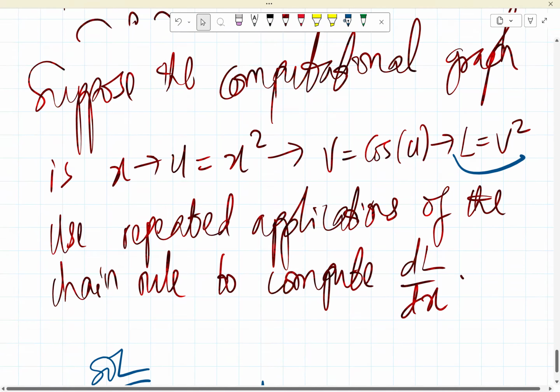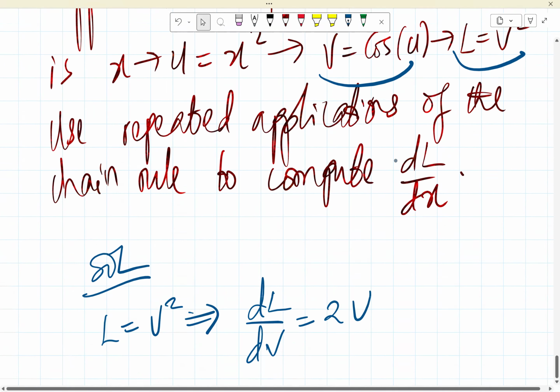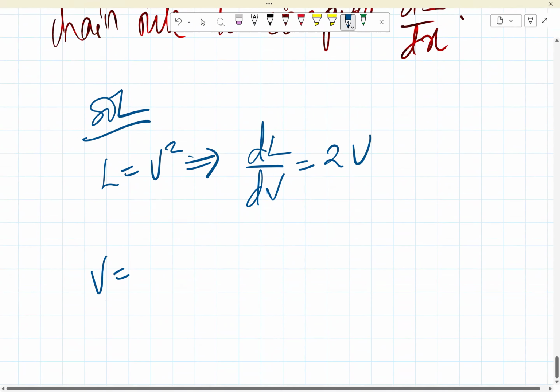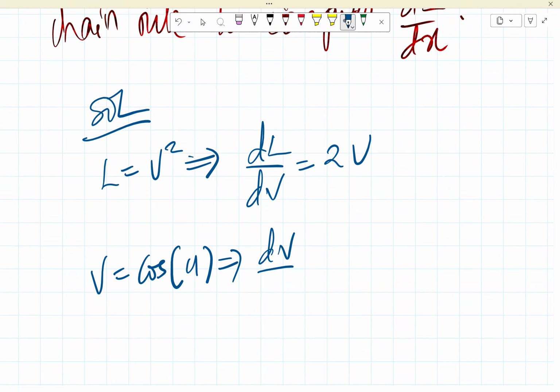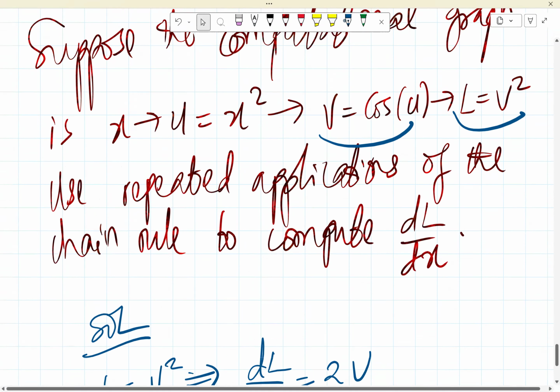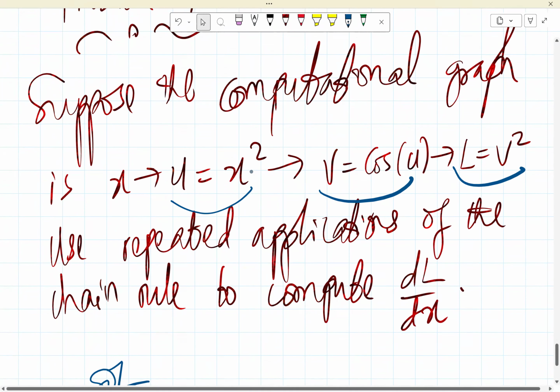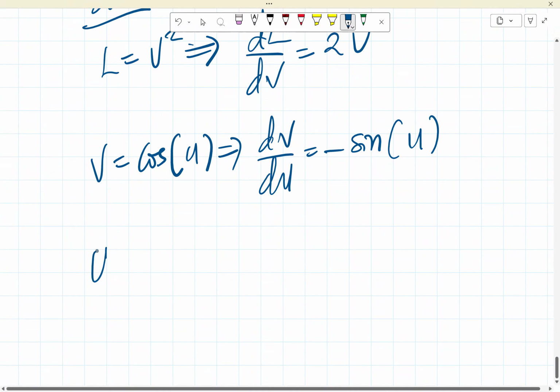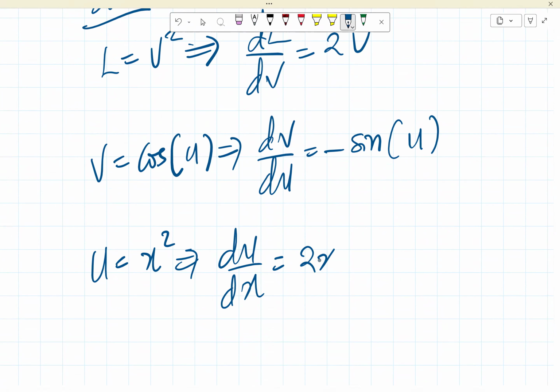Next, we have v equals cos u, so dv/du, when you differentiate cos, you get minus sine u. And lastly, we have u equals x squared, so du/dx is equal to 2x.